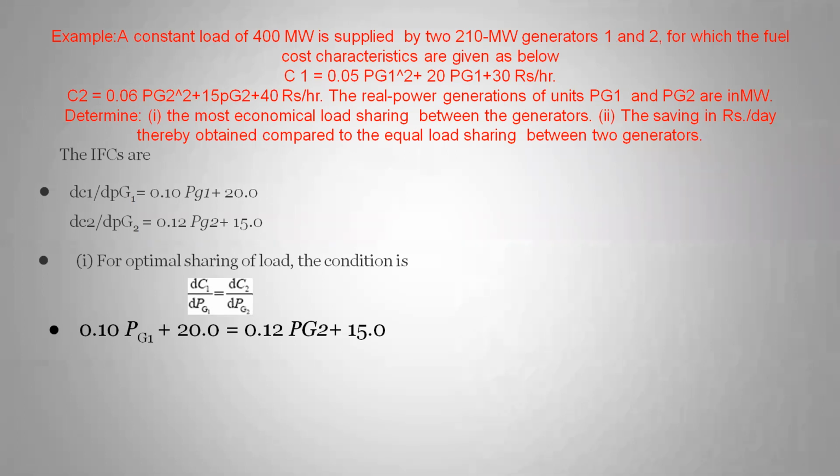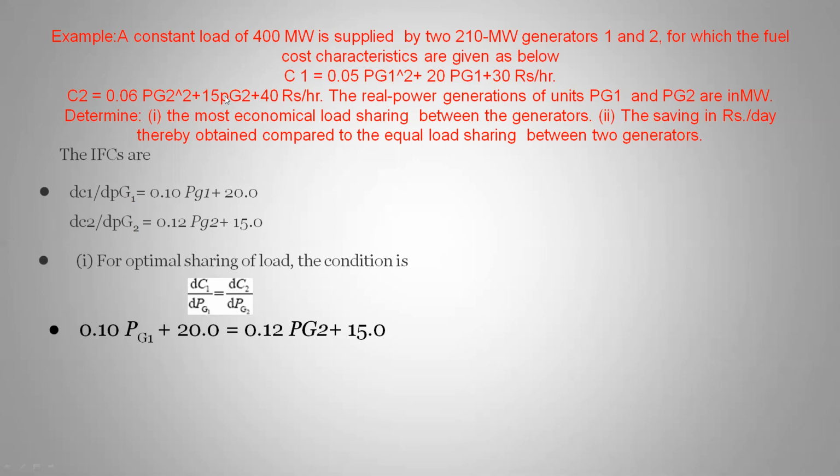So there are two generators, each supplying a load of 200 megawatt, for which the fuel cost characteristics are given below. So they gave us two cost characteristics: C1 is equal to 0.05 Pg1 square plus 20 Pg1 plus 30. C2 equal to 0.06 Pg2 square plus 15 Pg2 plus 40 rupees per hour.